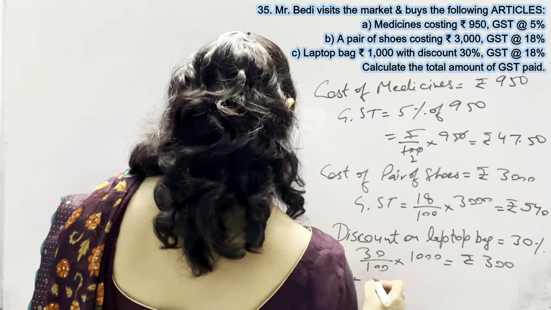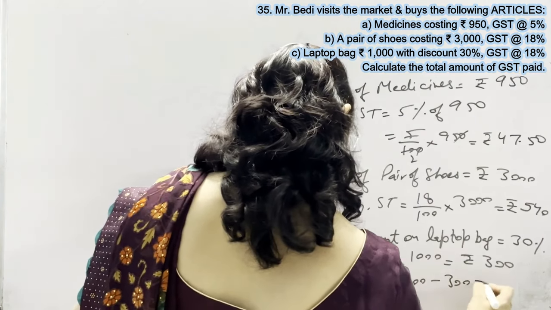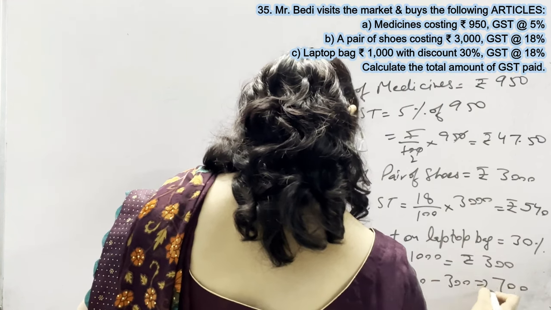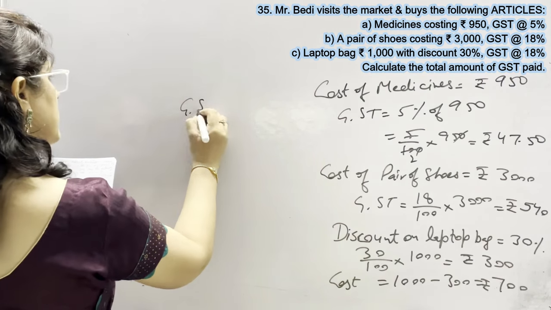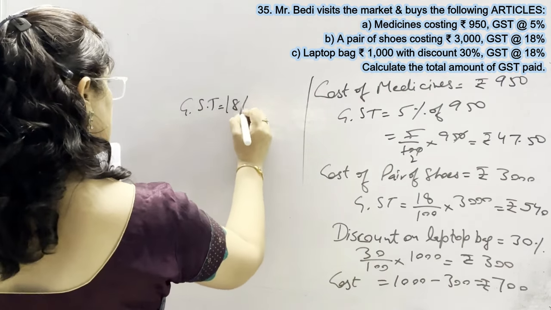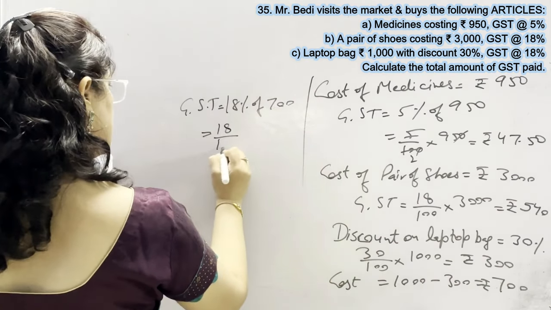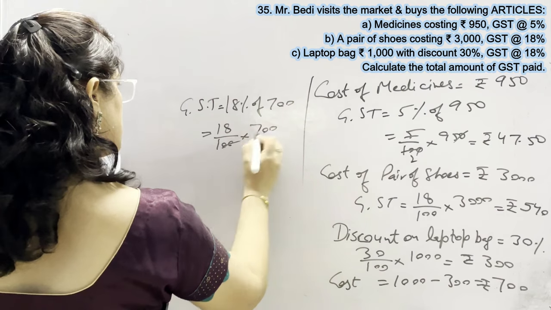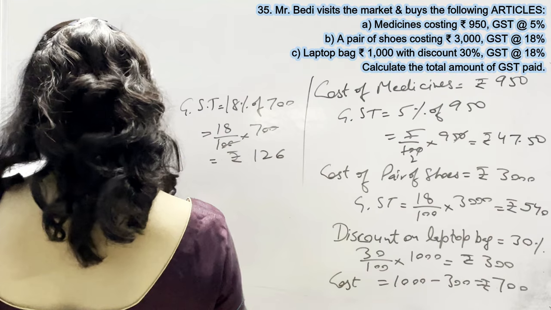So remaining cost is 1000 minus 300 discount. It means 700. Rupees 700 is the remaining value. Now GST applied is in this case 18%. So 18% of 700, it means 18 upon 100 into 7, it means rupees 126.